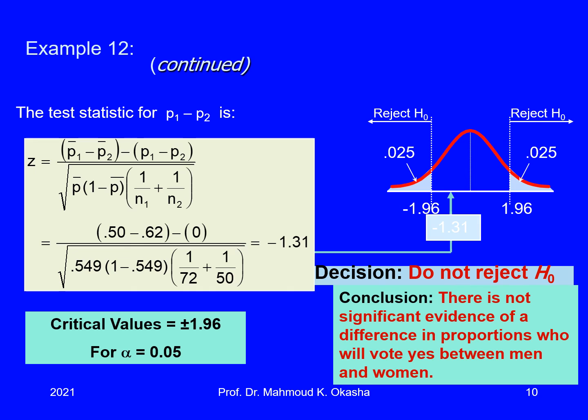And as we stated, we calculated the pooled estimate of the proportion. We can calculate Z, and the result will be minus 1.31. And from the normal distribution tables, we get the critical values.